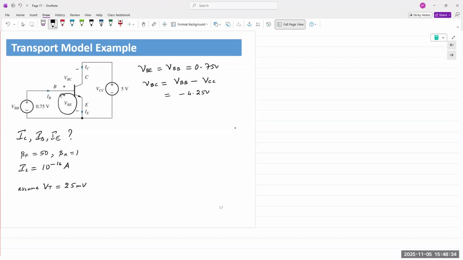The solution for this is simply plug these. So now we calculated VBC and VBE. We take those values. We are given beta R, we are given beta F. Plug into those equations and solve, and we should obtain these three values.